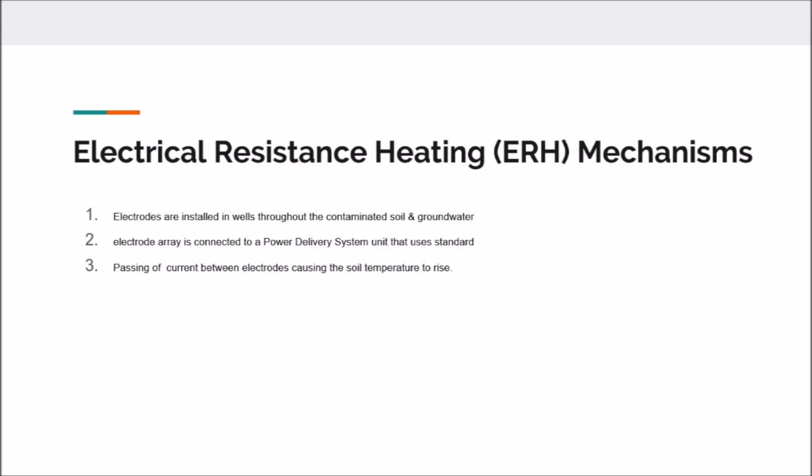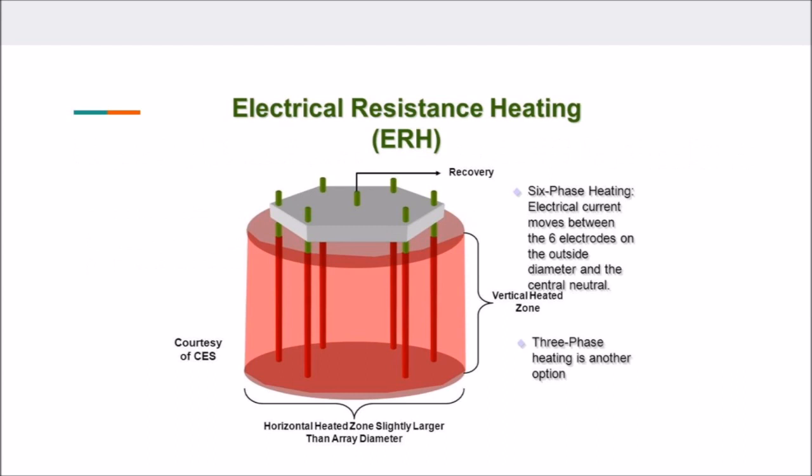Then the evaporated contaminants are captured by the subsurface vapor system and conveyed to the surface with recovered air and steam. The combination of contaminants and the air/steam are then treated and separated. The illustration for electrical resistance heating showcases how the electrodes are placed into the ground vertically.